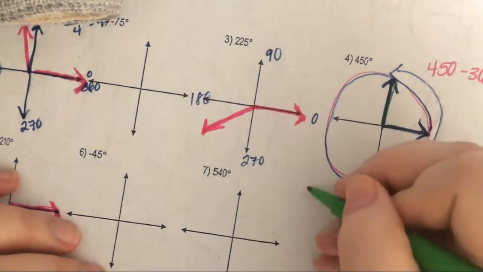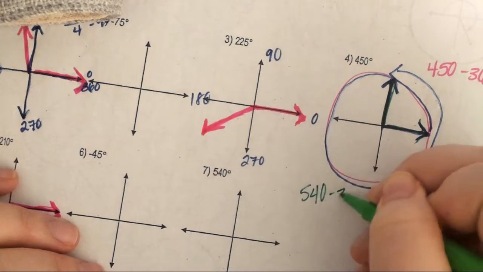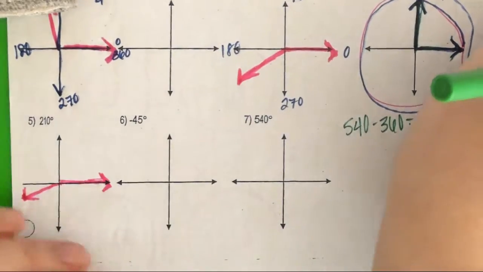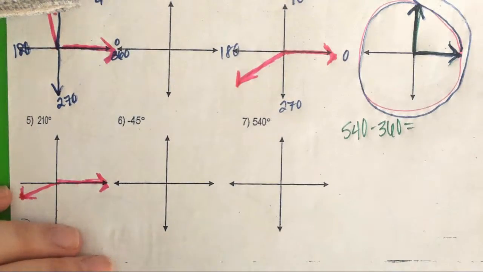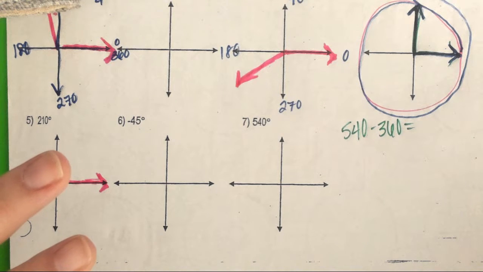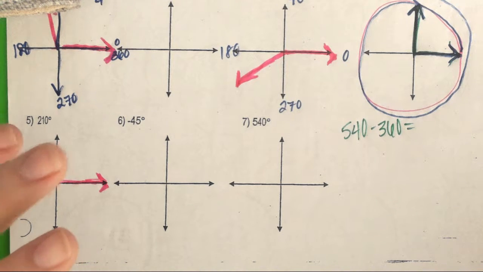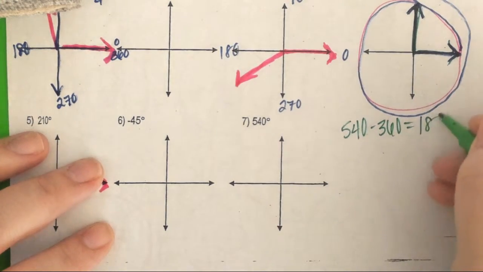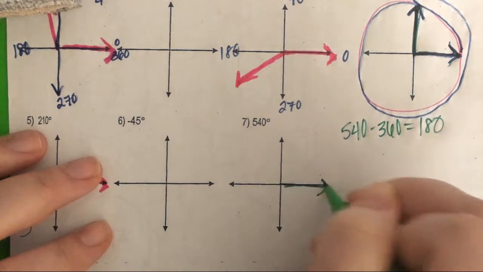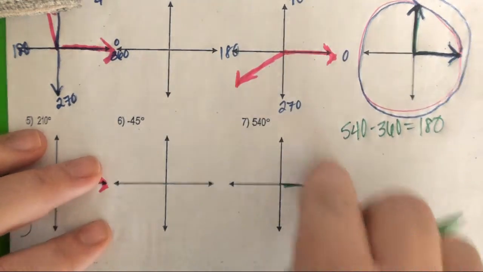So 540 minus 360 is, I don't know, 180. So seriously, they started at 0, they went all the way around, and then they went 180 more.